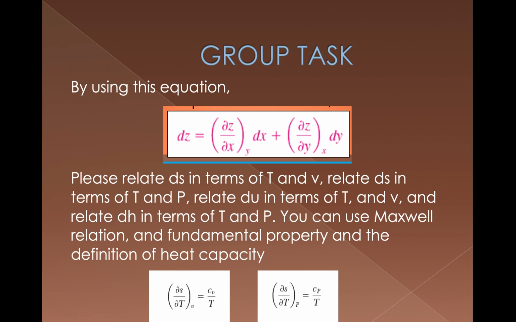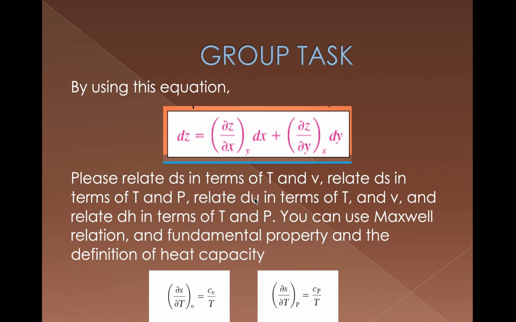Remember, for example, if you want to relate du in terms of T and v, you have to put du in place of dz, and T should be x and v should be y here. So you just replace accordingly according to z, x, and y.